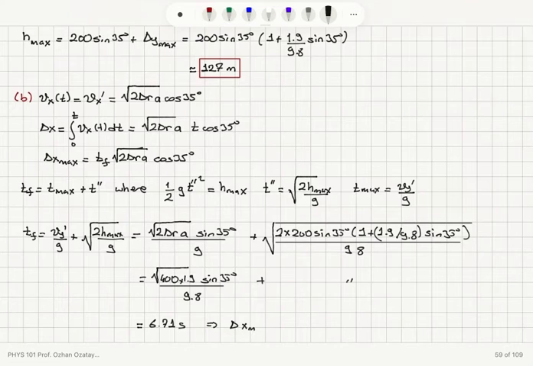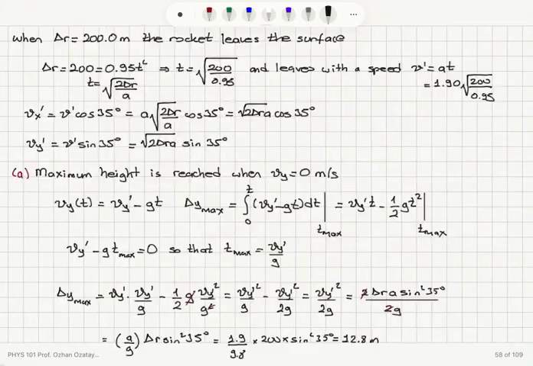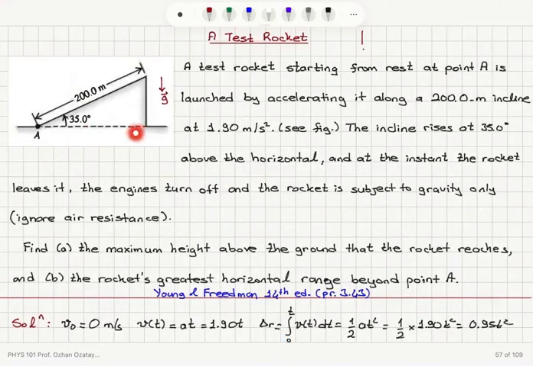Delta x max will be equal to 6.71 times the square root of 2 times 200 times 1.9 cosine 35, which is 151.6 meters. And finally, after calculating this delta x max beyond the point where the engines shut off, I have to consider the contribution from this part.